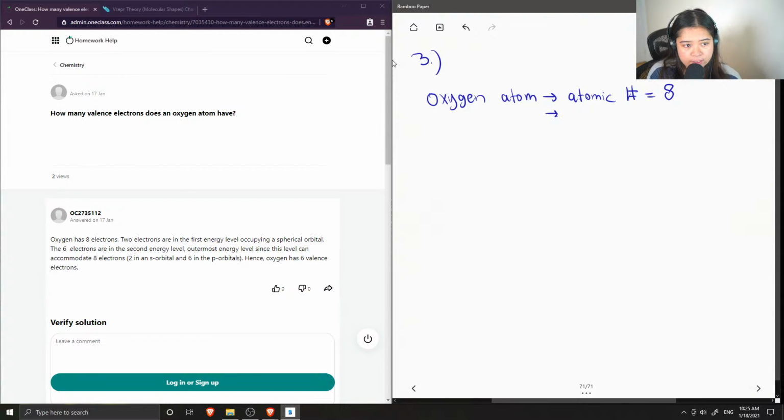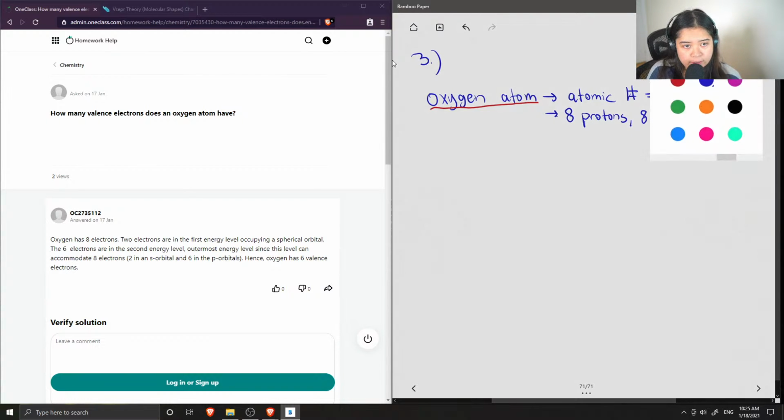So this tells us that there are 8 protons in an oxygen atom. And it also tells us that if our oxygen was a neutral compound, then we also have 8 electrons in an oxygen atom as well. Just to balance out the charge of the 8 protons, we would also have 8 electrons.